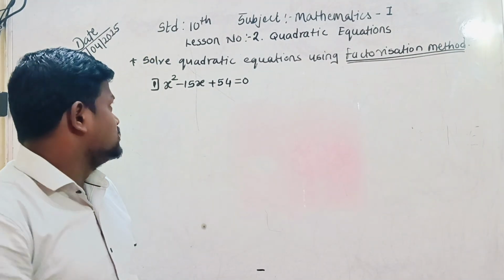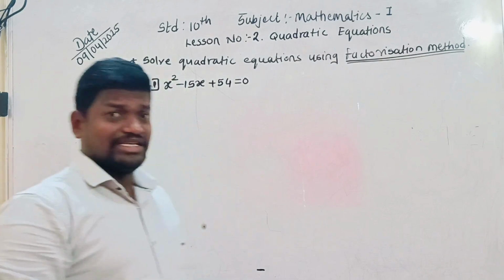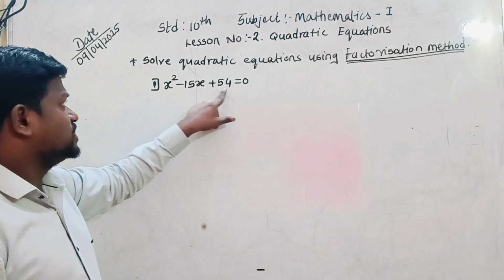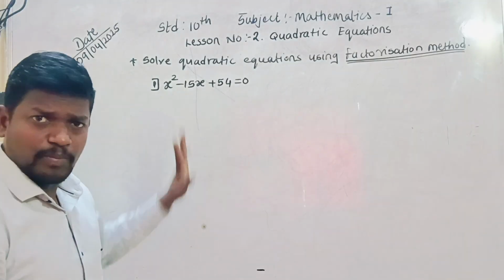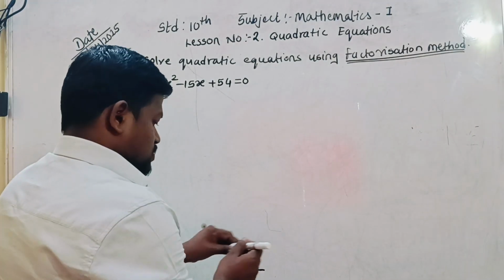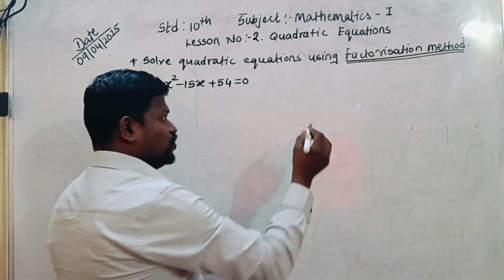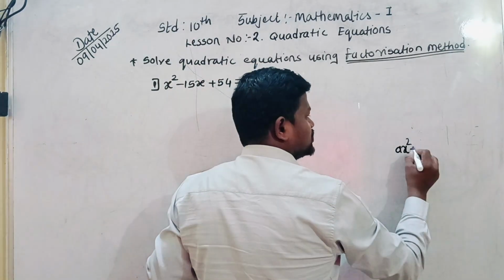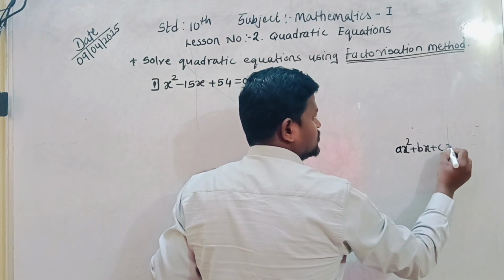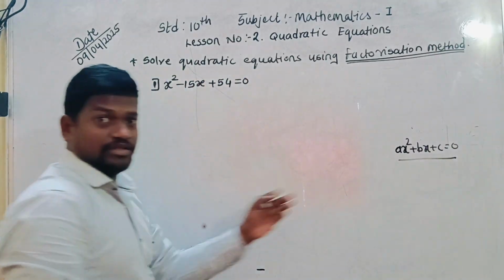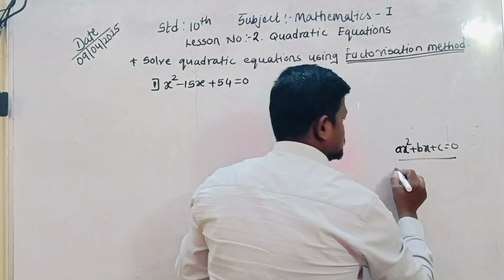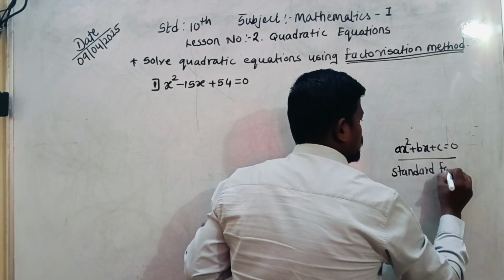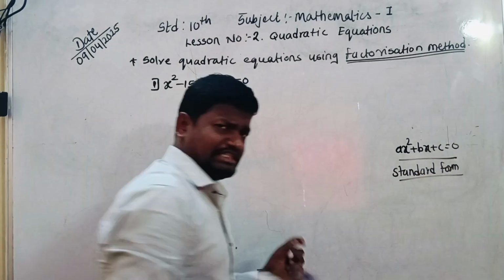So let's start with our first example, that is x square minus 15x plus 54 equal to 0. First of all, you must check that our equation is in this form. We call it standard form.